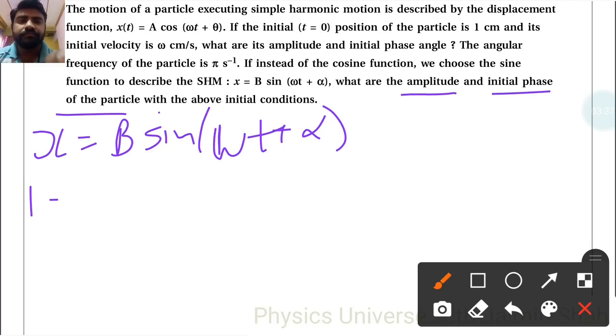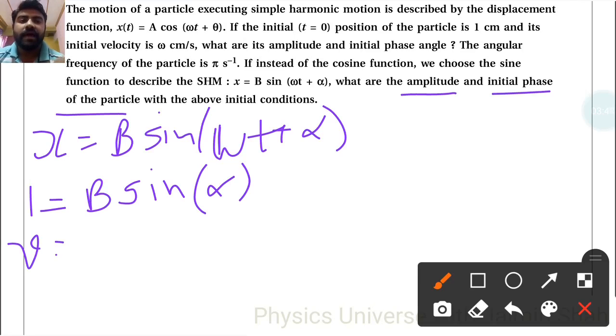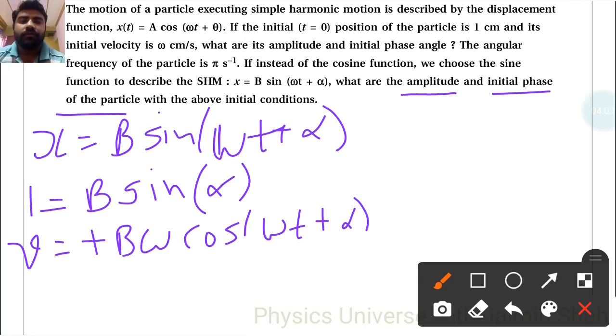Now again 1, t is 0, so only α, so B sin α is equal to 1. Now v is equal to, directly I am writing B ω, sin differentiation is plus, there is no negative sign, sin differentiation is cos, so cos(ωt + α), so that is v.